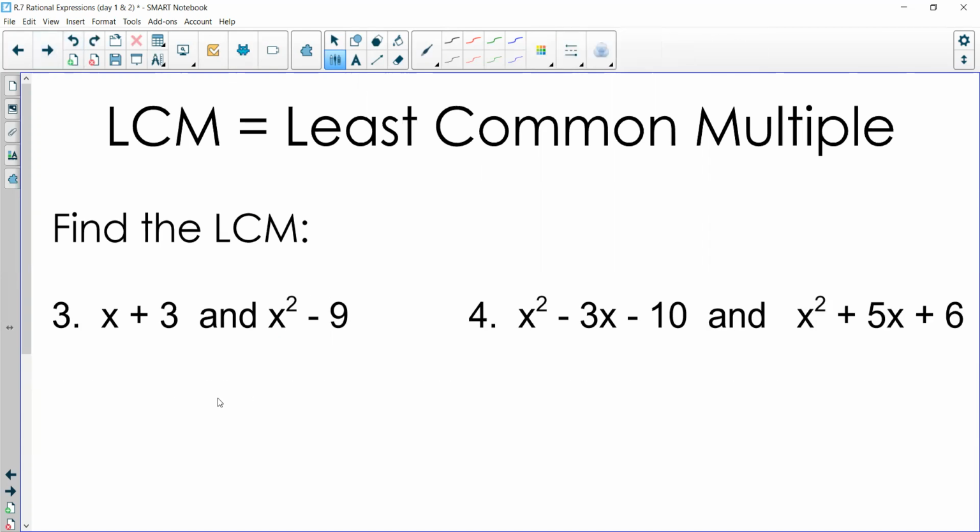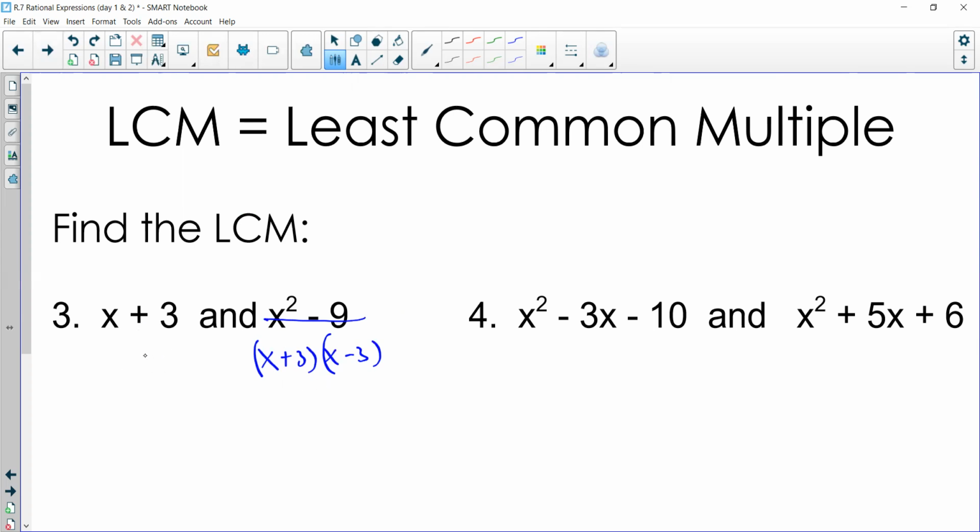If you think of x plus 3, just the binomial, and then x squared minus 9, we know that can factor to be x plus 3 and x minus 3. So if I change x squared minus 9 to look like x plus 3, x minus 3, and I know x plus 3 is just x plus 3, what this is missing that this one has is an x minus 3.